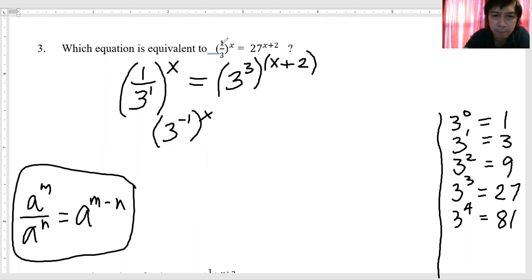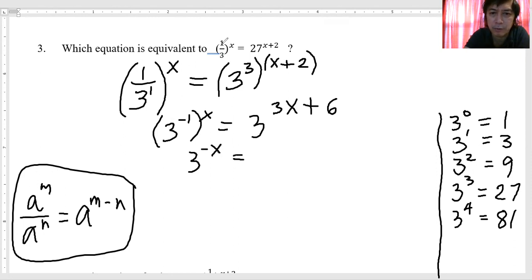And this is now 3. You can now multiply the 3 and the x plus 2, giving you 3x plus 6. And the left side is 3 to the negative 1 times x, which is negative x. And the right side will still be 3 raised to the exponent 3x plus 6.